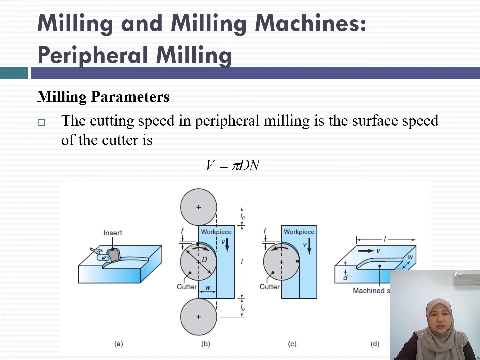Okay, so the surface speed of the cutter can be determined by multiplying pi times D, which is the diameter of the cutter, times the spindle speed N of the cutter, which is in revolutions per minute. D is the diameter of the cutter in millimeters. So V is the cutting speed.